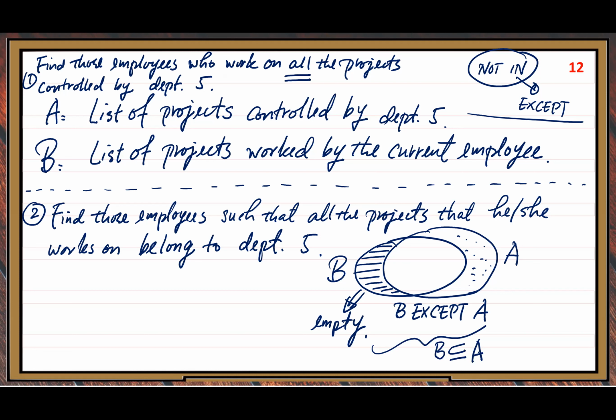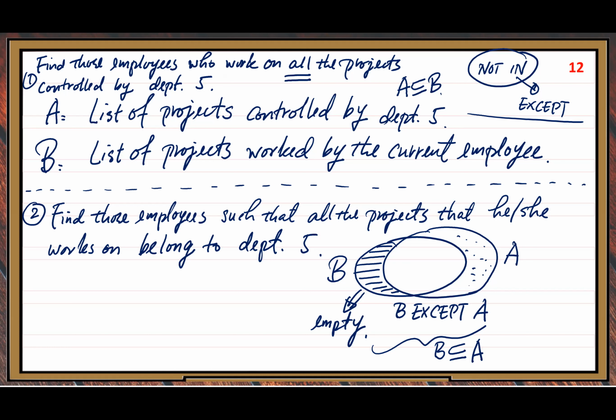Then our version 1, we want to represent A is a subset of B. Compare the difference. In set B, after we remove all those projects controlled by Department 5, it's empty. Nothing left. So that's what we represent: all the projects that this employee works on belong to Department 5.